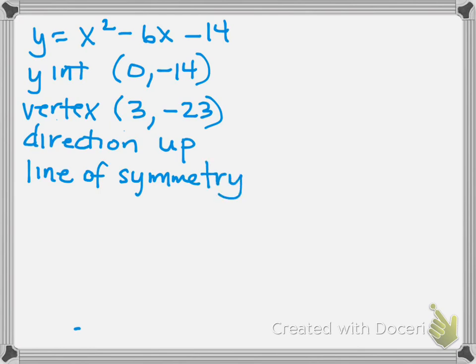So it's x equals 3. Next, I'm going to show you how to change this from standard form to vertex form, even though we have our vertex. I'll do that on the next slide.